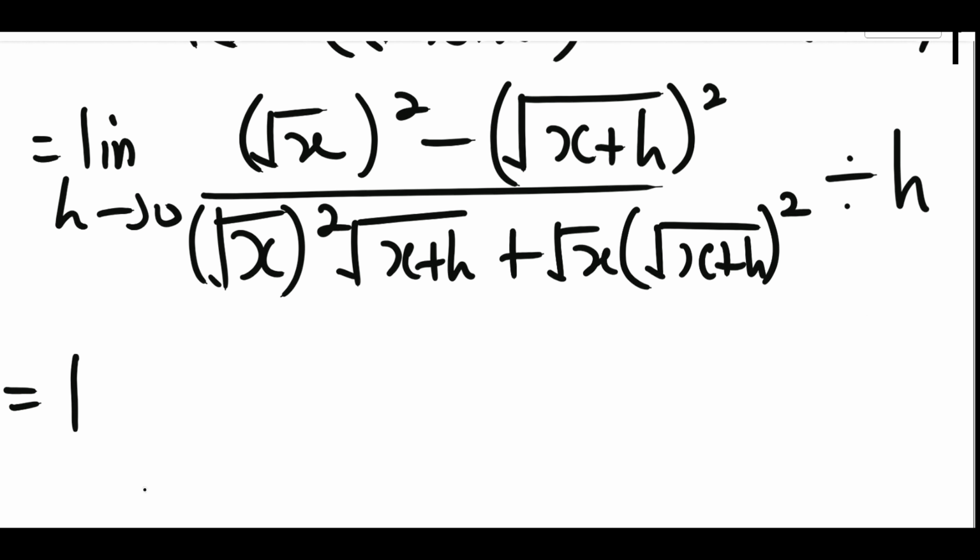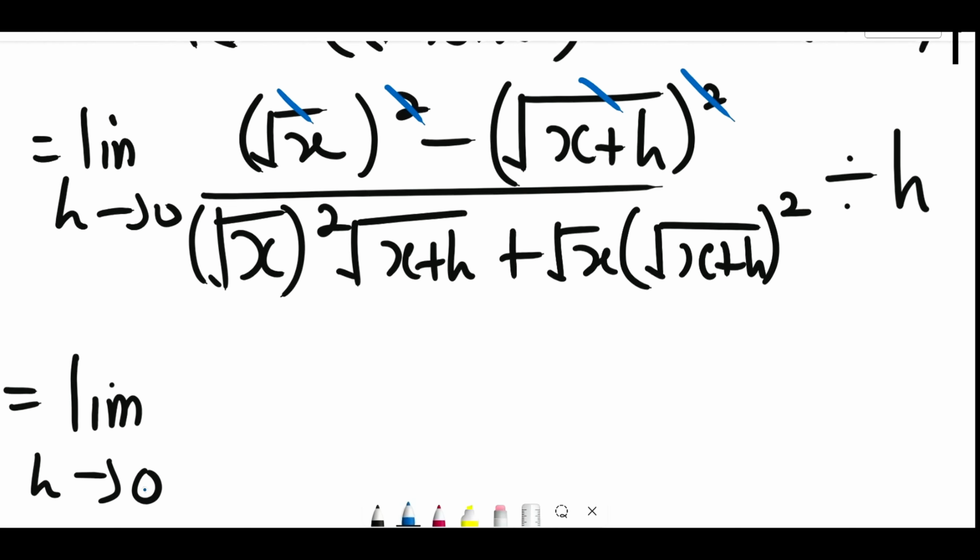So we have the limit as h approaches 0. So we can now simplify further. So this cancels, this also cancels, this cancels, this also cancels.